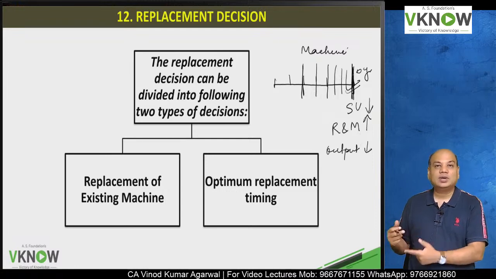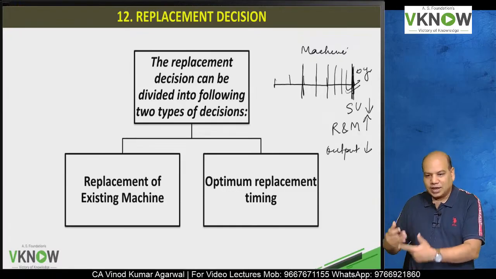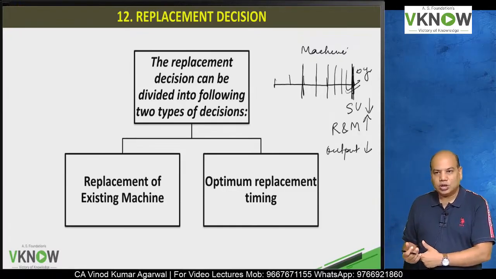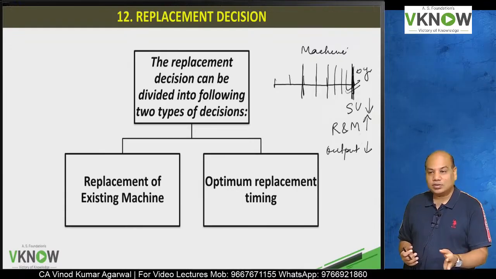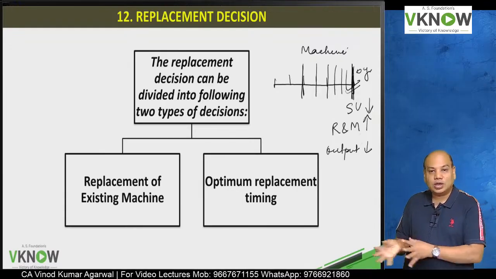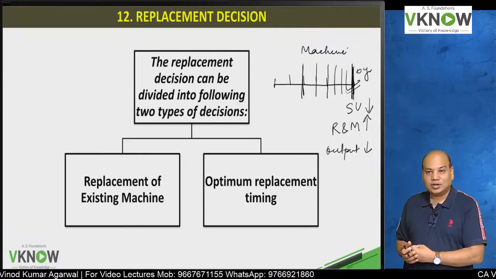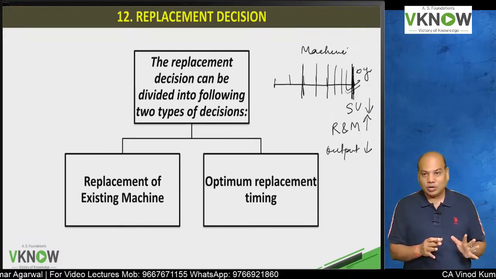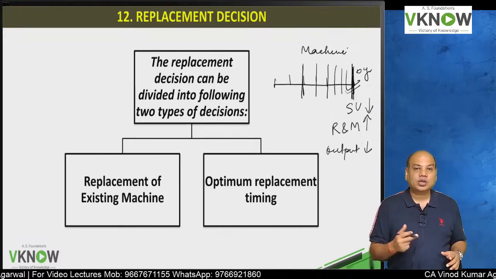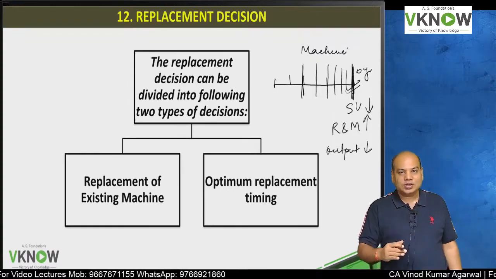No, they will decide a replacement cycle that after every 4 years I'll replace, because as the vehicle becomes older, there can be repairs, maintenance, breakdown, and your promise to deliver in 30 minutes will not be fulfilled. Then the customer will write a bad review about you. Customer will not place orders on your app. So therefore they have to keep on replacing the vehicle so that the efficiency is maintained.